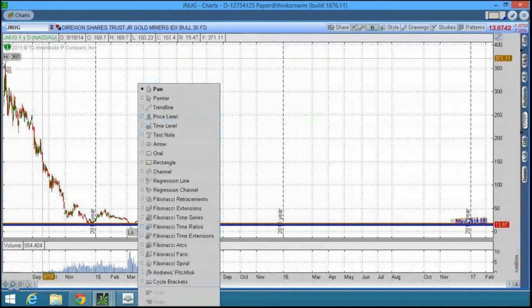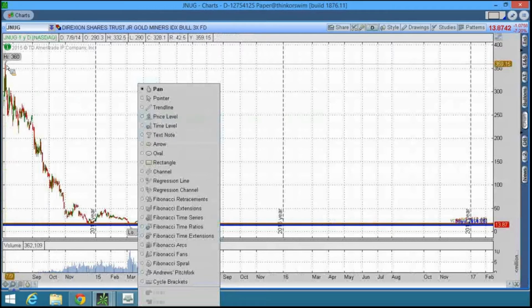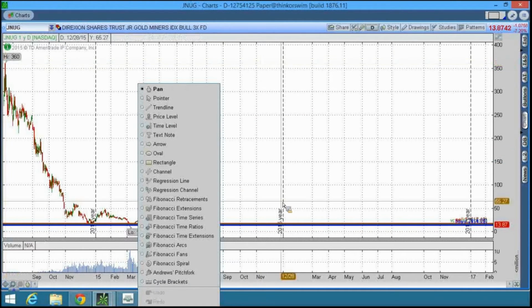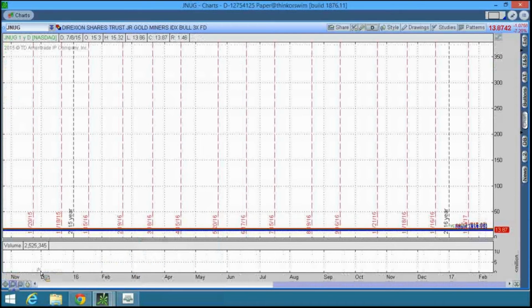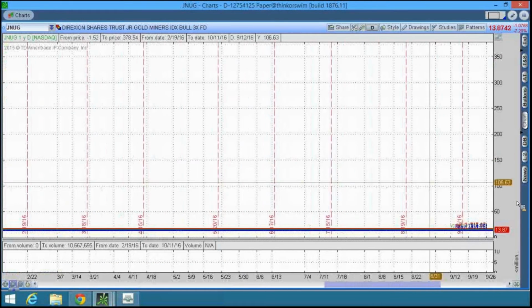Obviously, we know that the July of 2014 high, while gold was at about 1350, for JNUG was $360. The low so far this year is 1316. Let's take a look a little shorter term.